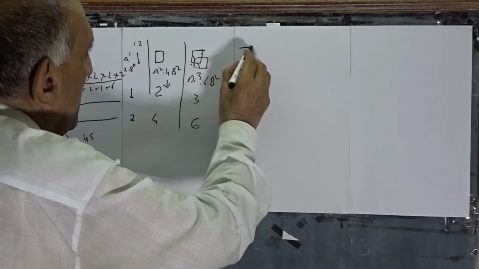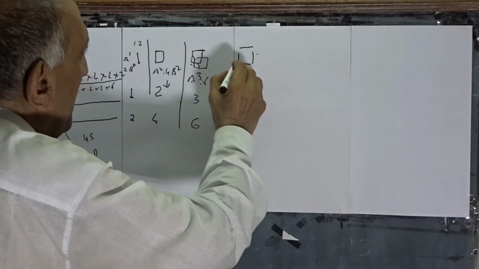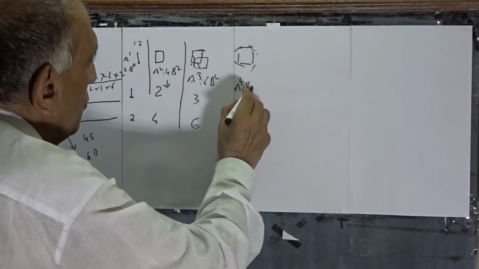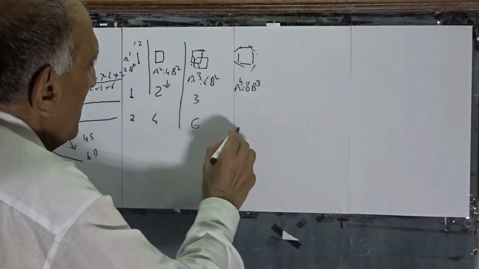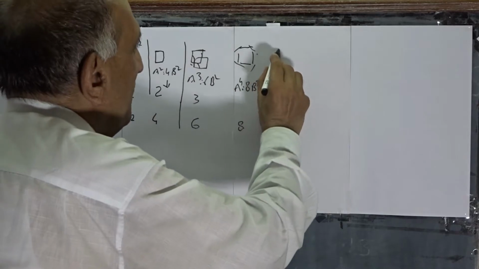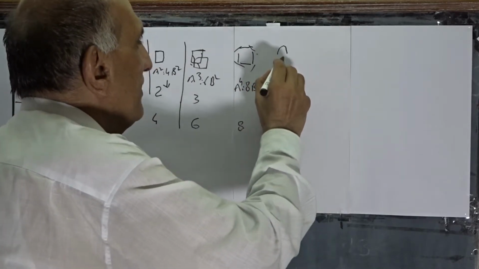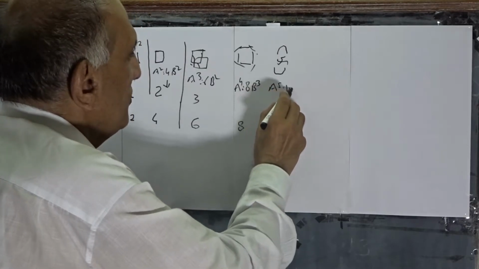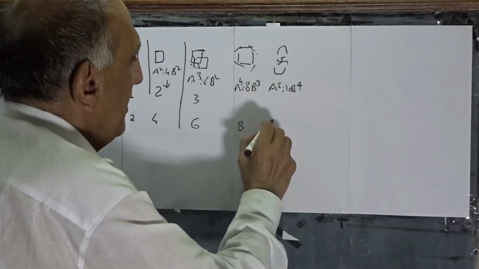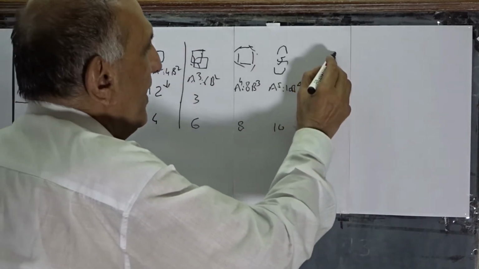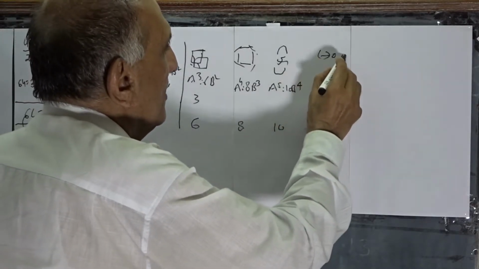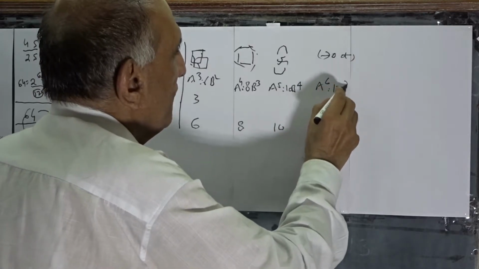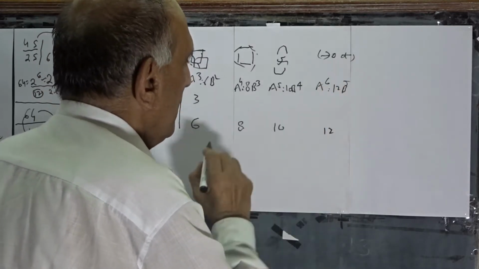Step ahead, a 4 space body, a raised to power 4 is to 8b cube, is giving us 8 boundary components. A 5th body is giving us the formulation a raised to power 5 is to 10b raised to power 4, 10 boundary components. Step ahead, we are getting a raised to power 6 is to 12b raised to power 5, equal to 12 boundary components.